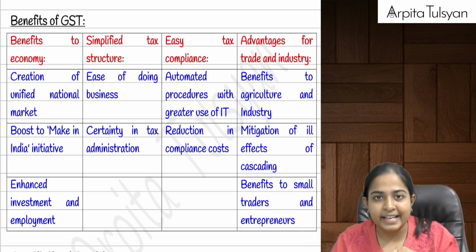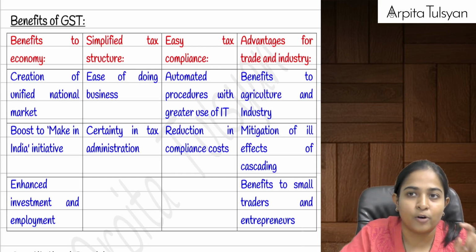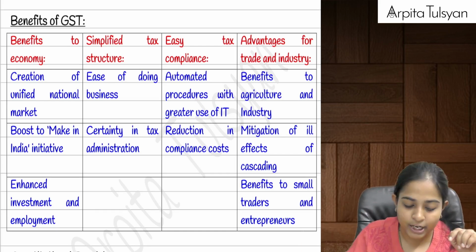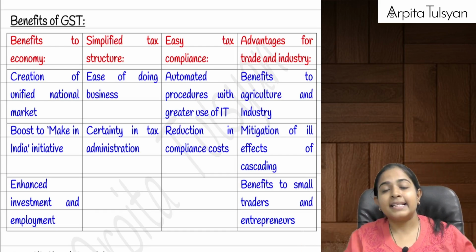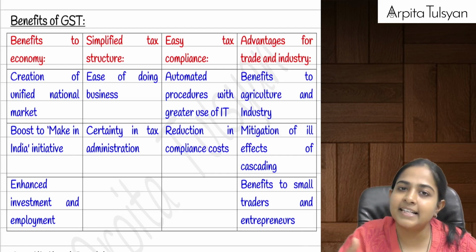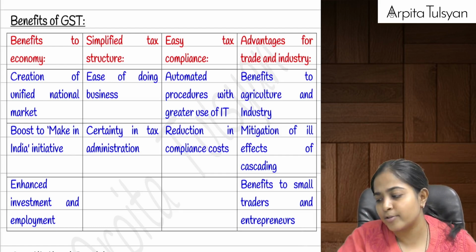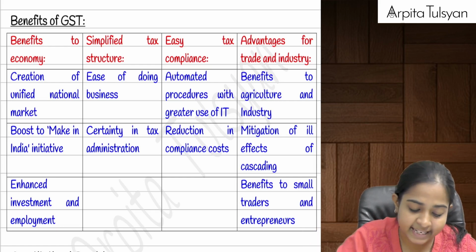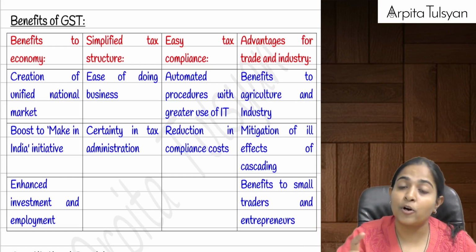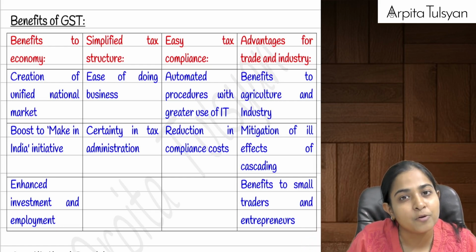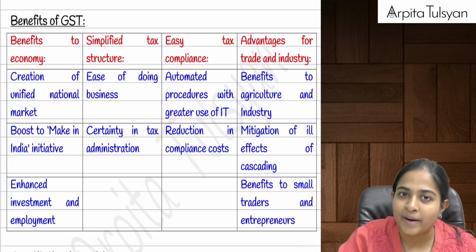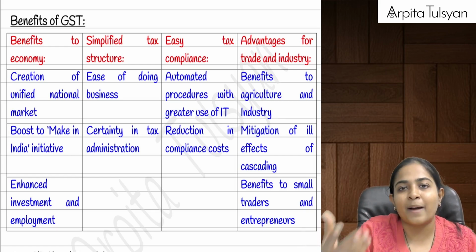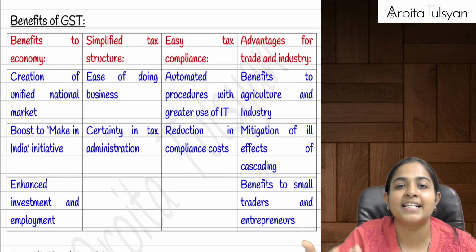If credits are available, then it will also impact my cost, right? It will also reduce my cost. Then this entire GST thing is now made online. You have to file all the returns online, you have to make the payment of taxes online, etc. Because of information technology usage, everything has become automated. If I show it as my sales, then it automatically gets reflected as your purchases.